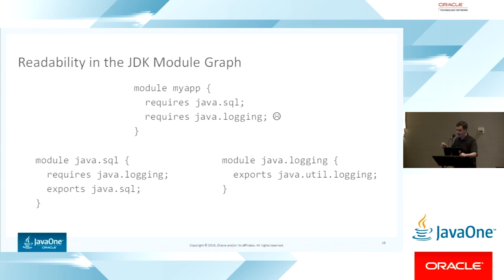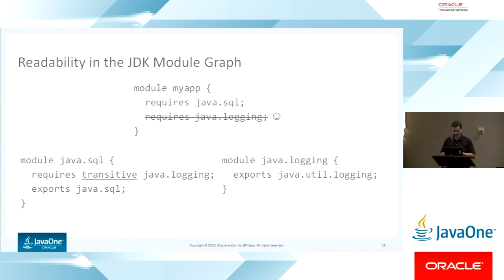In order to call that driver method that returns a Logger, the MyApp module not only needs to read the java.sql module, but also the java.logging module, which exports Logger. It would be a pain if the developer of MyApp had to remember to say requires java.logging when using a particular part of the API of java.sql. Sad face. There's good news. The java.sql module can take on the responsibility of remembering.